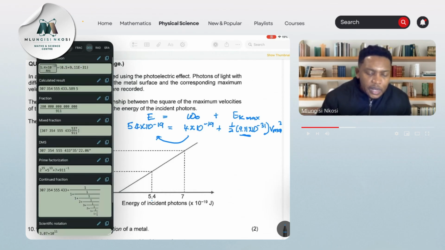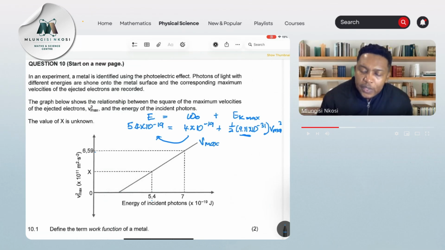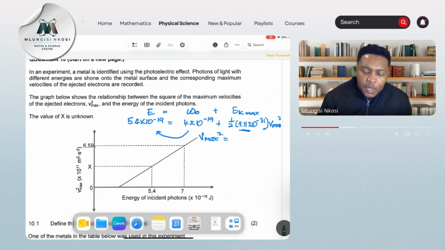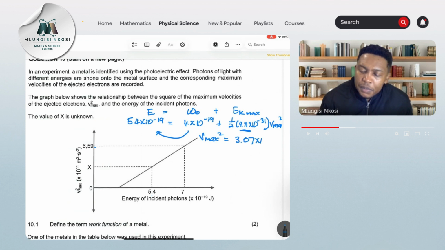Let's try and get it in scientific form. Remember, we are looking for a Vmax squared. So Vmax squared will be equal to 3.07 times 10 to the exponent of 11.